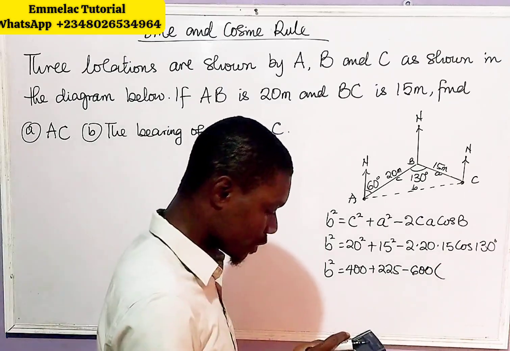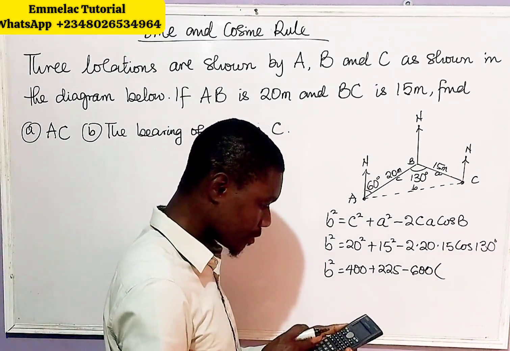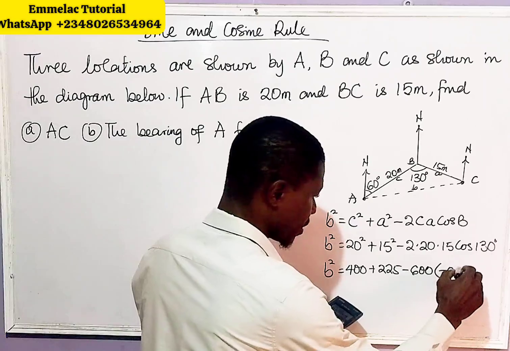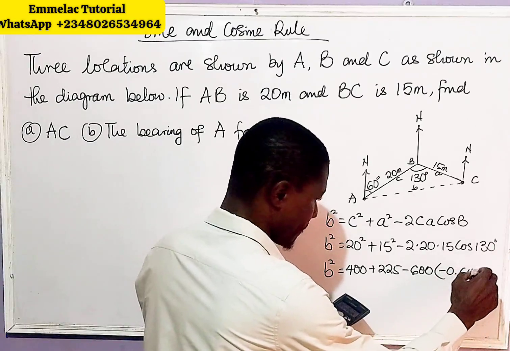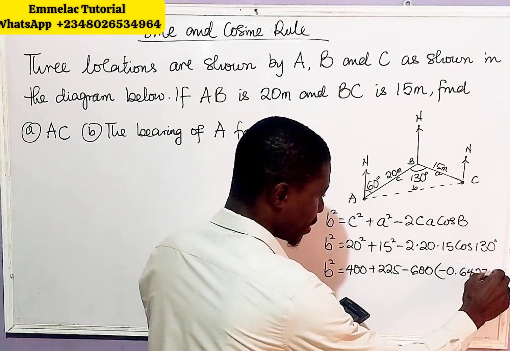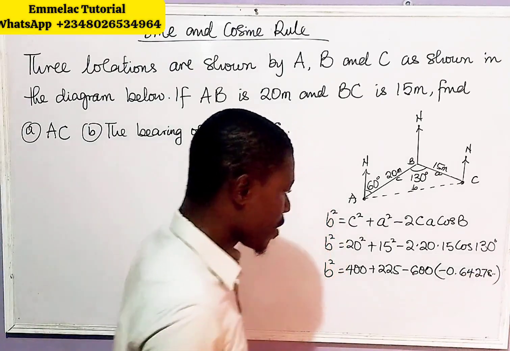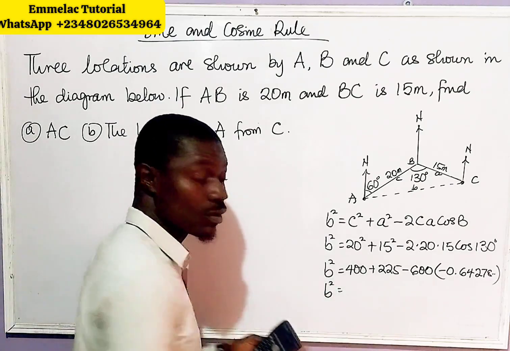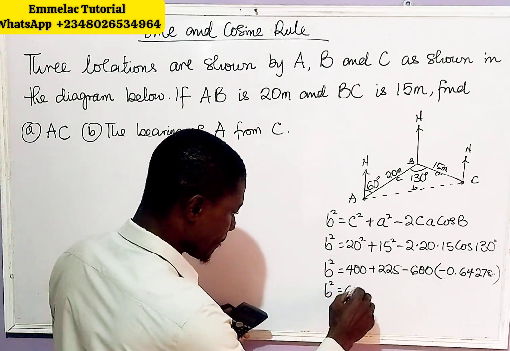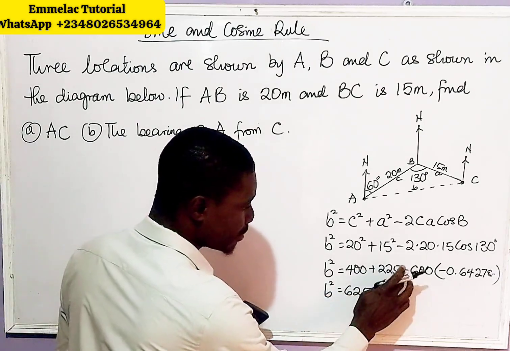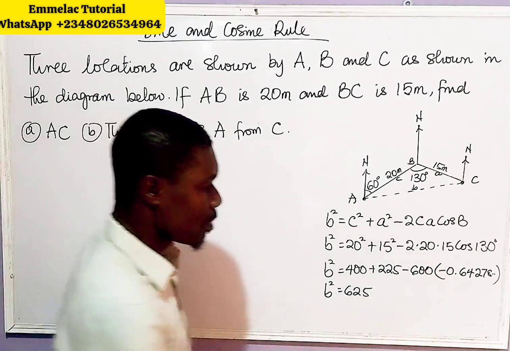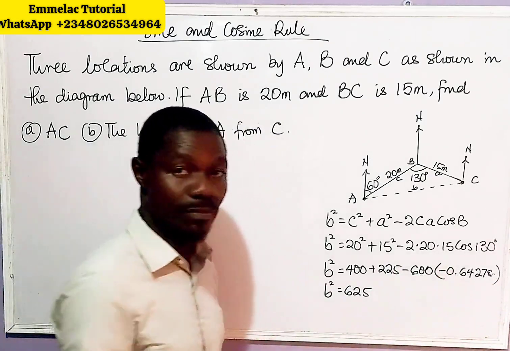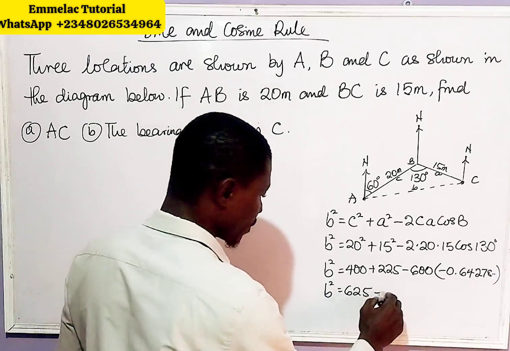Then cos 130 will be minus 0.64278. Alright, so we'll just continue. b squared equals, when we sum this up, this should give us 625. Then minus and minus, when we open the bracket, the whole of this multiplied by 600, and the minus multiplied by minus will give us plus.